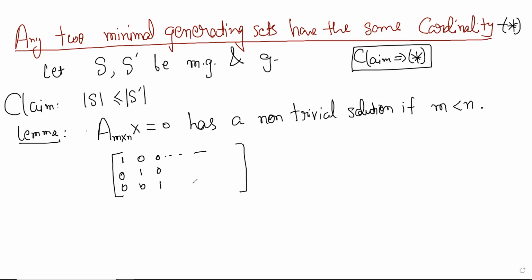Point is there will be some free variables, right? This star, star, star. Right? So what does it mean? It means that this variable w is free, and so it can take any value. So it implies it will have a non-trivial solution. Is this argument okay? You can write it as a proof.